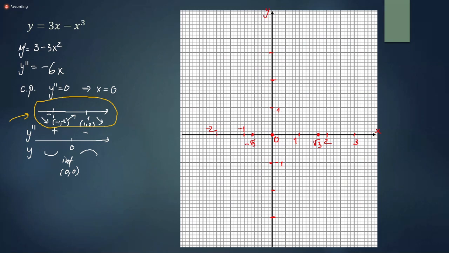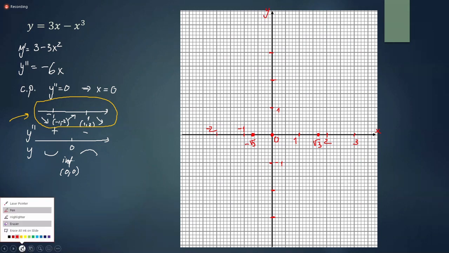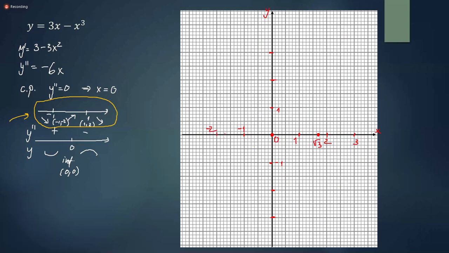So these are the 3 points where the graph intersects the axis.